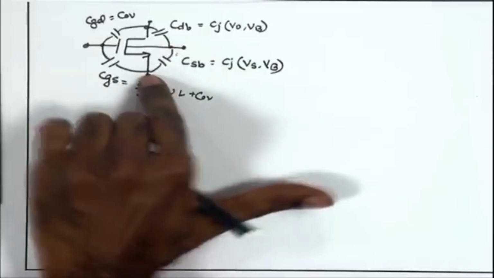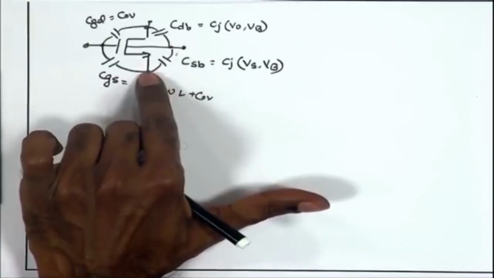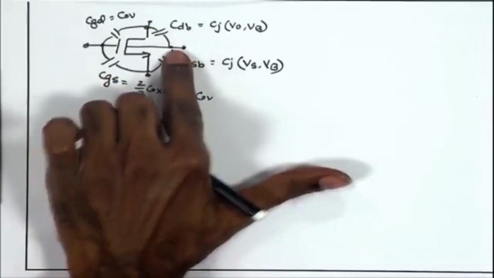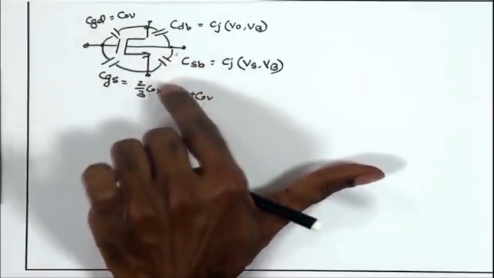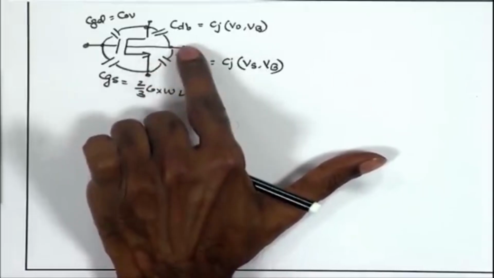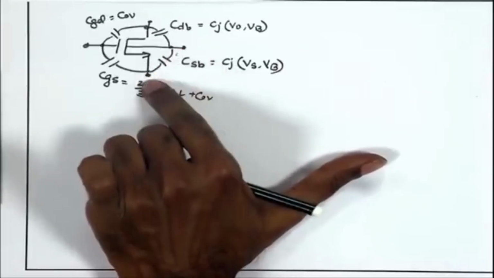Source can be at a higher potential than 0. In many circuits, we may see that the source is going to be slightly higher potential than 0, drain is definitely higher than the source. So, drain to body junction is always reverse bias. Source to body junction can be at equilibrium, in case the source is at 0, the source as well as body both are at 0.